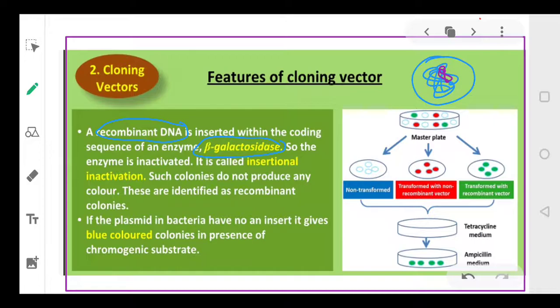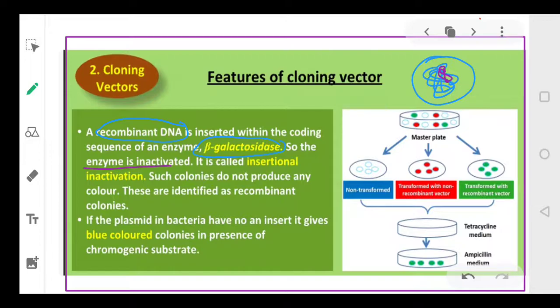Okay, so that gene or the portion of the DNA codes for the enzyme beta galactosidase. So when we have inserted a DNA into this particular portion, what will happen? There will be inactivation of the gene. तो जिस एरिया में हमने अपना फॉरेन डीएनए इंसर्ट किया है उसकी वजह से वो जो डीएनए है वो इनएक्टिवेट हो जाएगा and the enzyme will not be produced. अब जो एंजाइम है वो प्रोड्यूस नहीं होगा, ठीक है, because that particular portion was coding an enzyme which is called galactosidase.